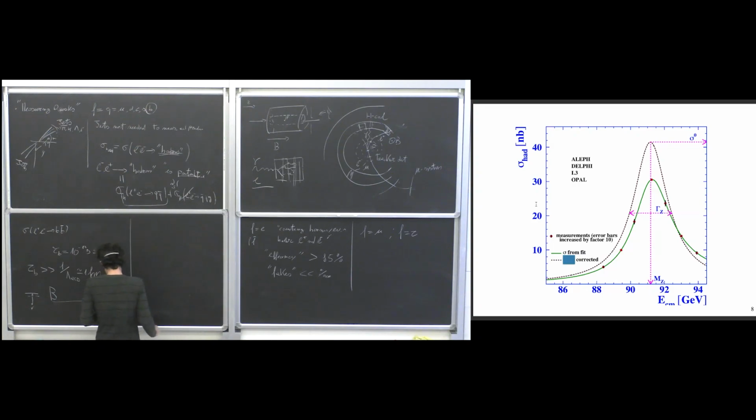So to measure the cross-section for bottoms, you need to be sure that the bottom has been produced, and you can be sure, because what you will see is that you will have a collision event. The collision event will take place at the IP, the interaction point, where the particles hit.